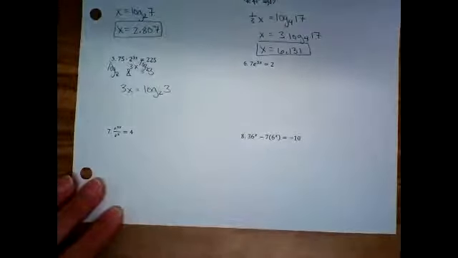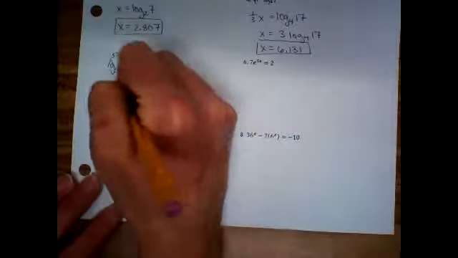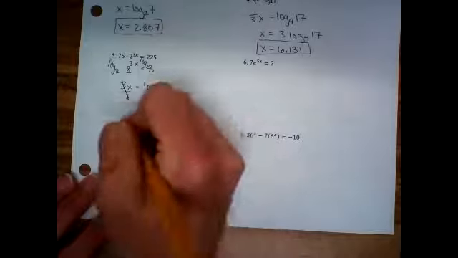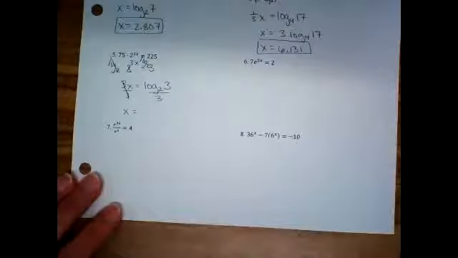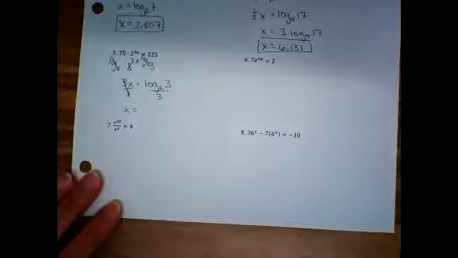And then what would be your last step? You want x alone. Yep. Divide by 3. So this is what you're going to type in the calculator. Log base 2 of 3 divided by 3. Everybody go ahead and try it, and then we'll share what we got.